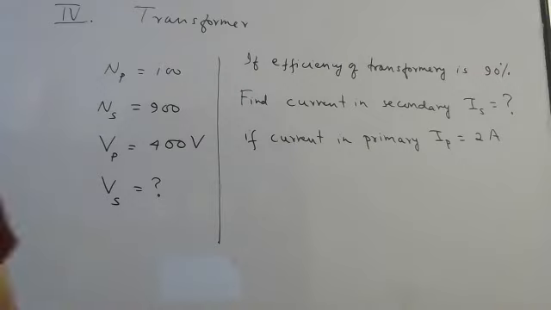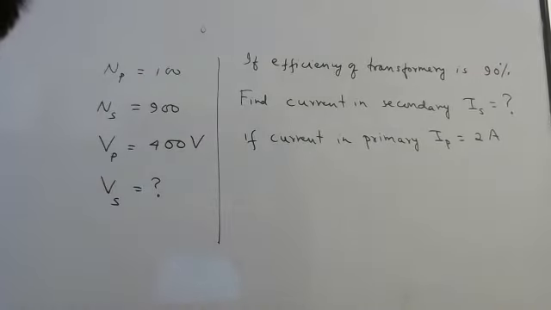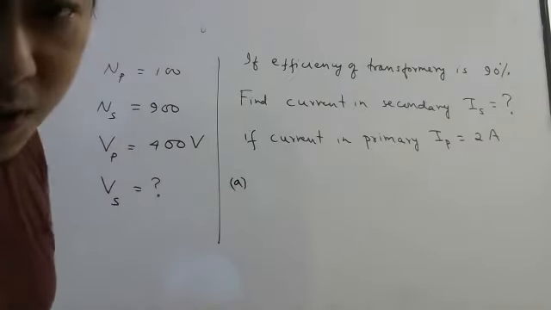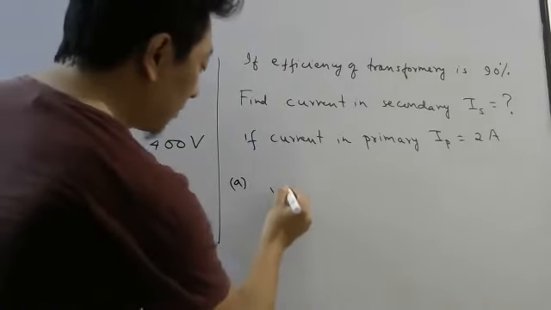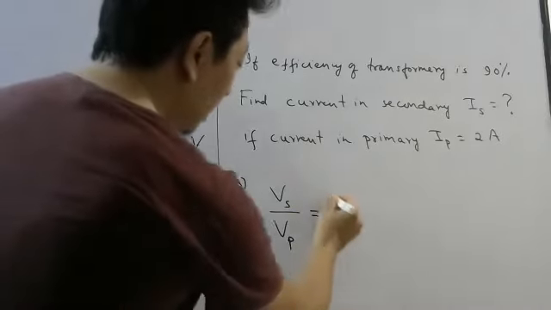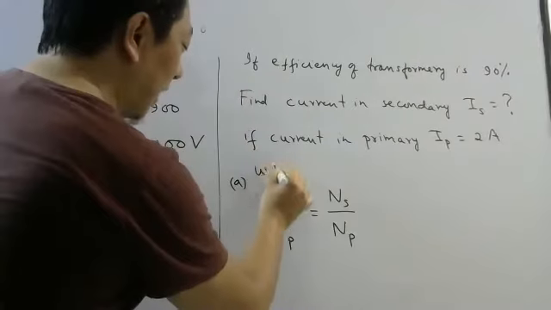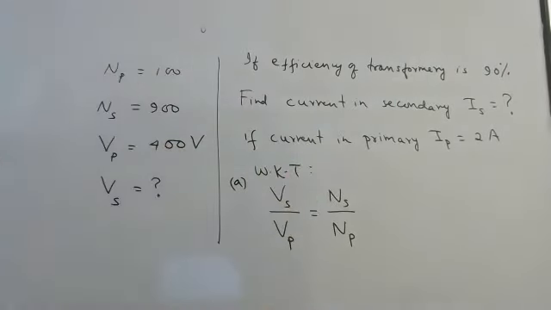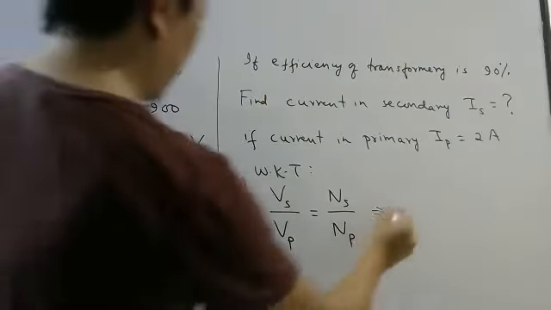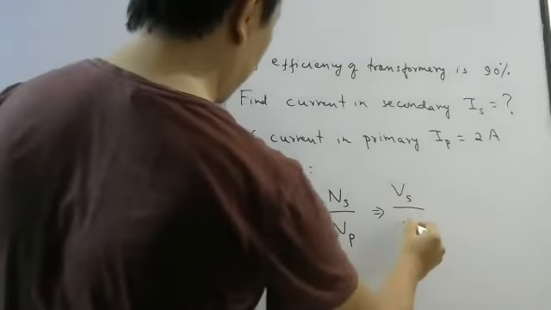Finished? Okay. So here it is very simple, students. The first part is based on the formula in transformer. If you remember, Vs by Vp equals Ns by Np. So now you can just substitute. Vs we have to find. Vp is 400 volt.